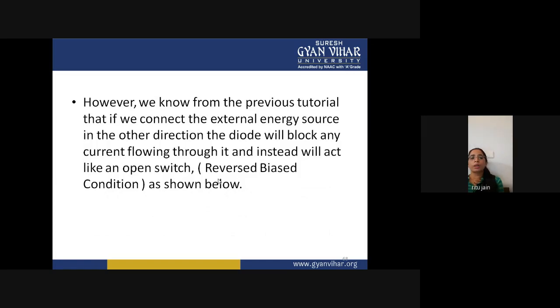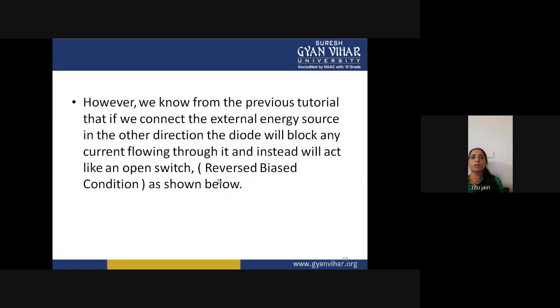If you connect the positive terminal of the diode to the negative terminal of the battery and the negative terminal of the diode to the positive terminal of the battery, the diode will not conduct. The mode in which the diode is blocking the current flowing through it is called the reverse bias condition.